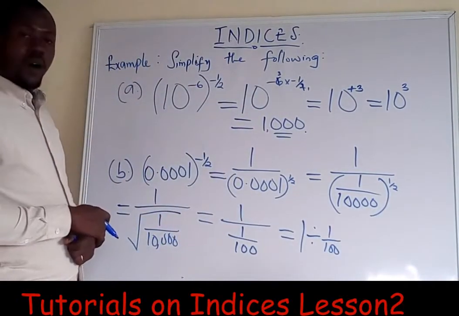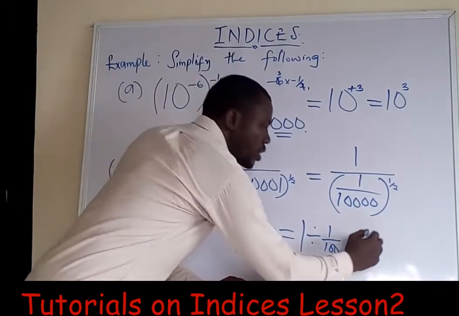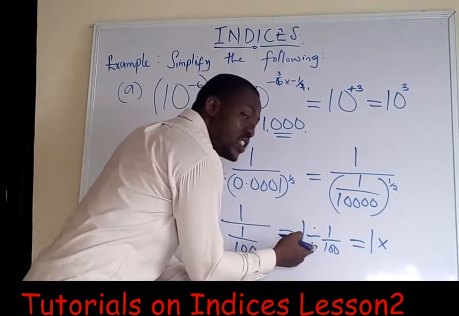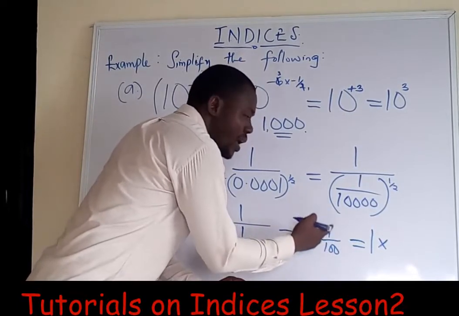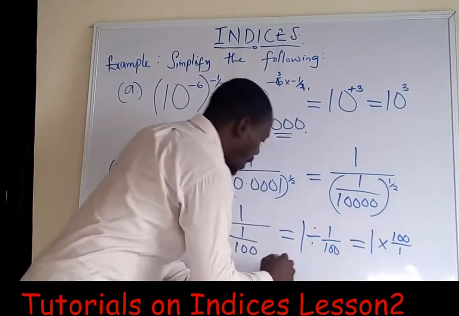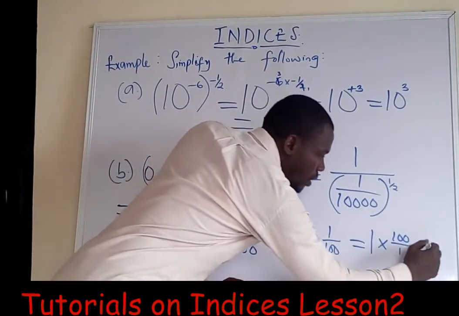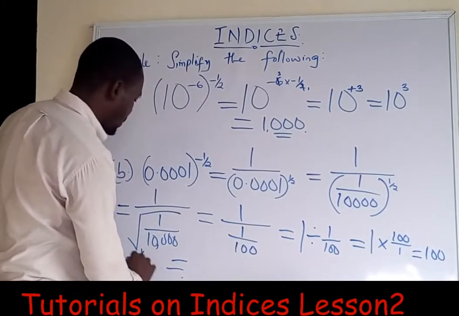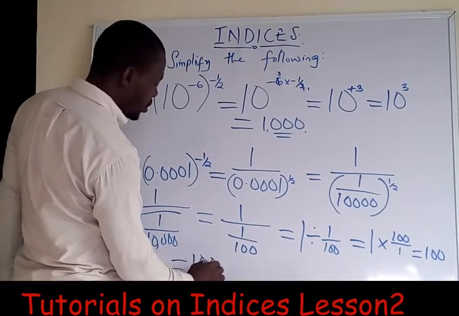Now we change this division to multiplication and say 1 times, and flip this one over: the denominator goes up and the numerator comes down. So we have 100 over 1. So 1 multiplied by 100 over 1 is 100. Our final answer to this question is 100.